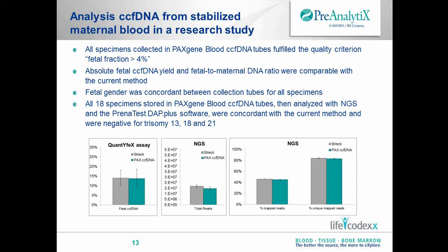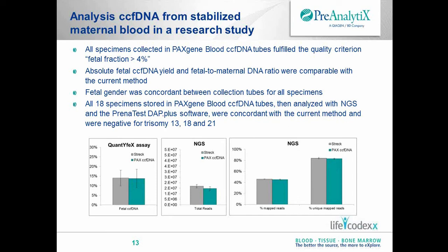And if you go more to the right, to the two pictures on the right, you also see in the NGS workflow that you have absolutely comparable total reads, and the mapped and unique reads are also not different between the two tubes.